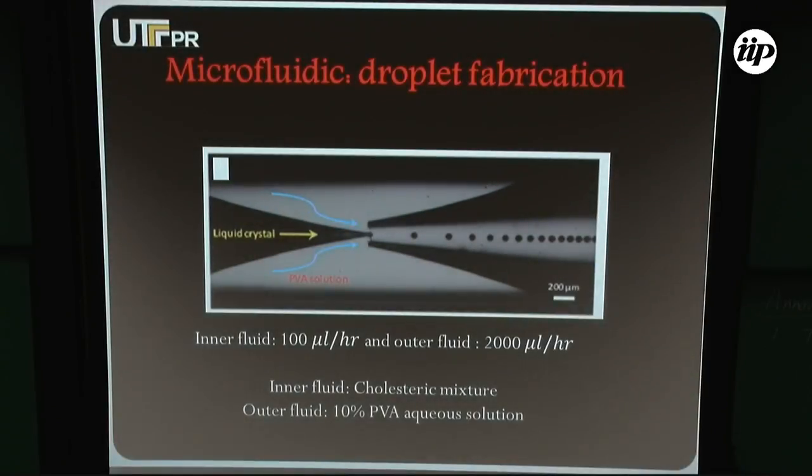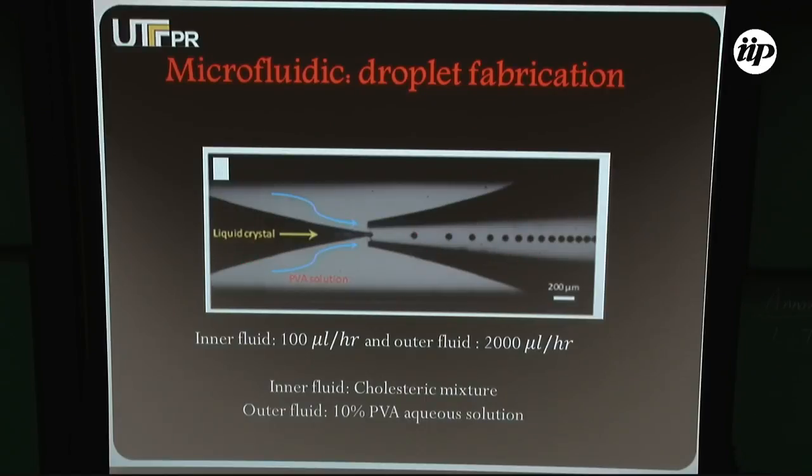So we did this microfabrication of the droplets. This is a standard procedure. These were actually made in David Weitz's lab. We sent his group the material, and you have pretty much two fluids flowing inside this capillary.